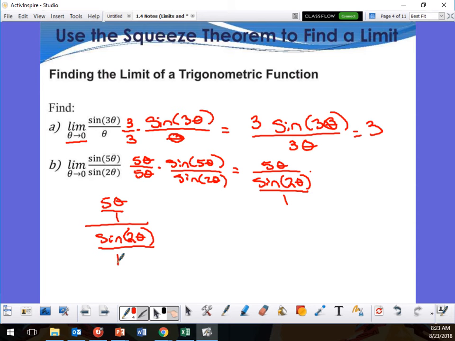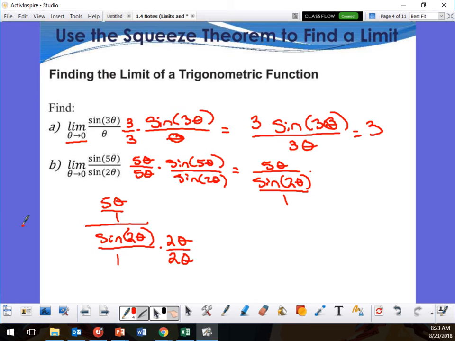Okay, so I'm going to multiply just the bottom right here by what? 2 theta over 2 theta, right? Now, doesn't that come out to be 1? It's the same thing top and bottom, so I'm not changing the value. I'm just changing what it looks like. Now, once I have that, what am I going to do?